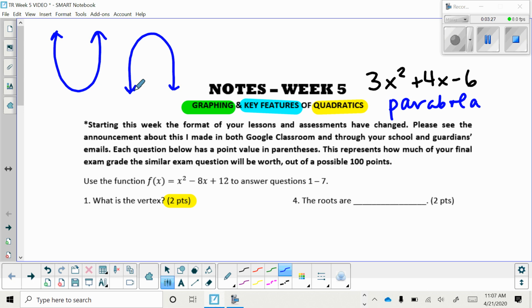And this point where they change direction is called the vertex. If I had the axes, like let's say I had the x and y axis right here, drawn in.